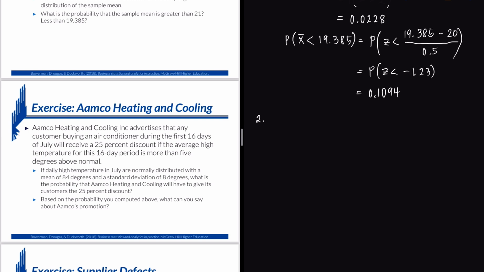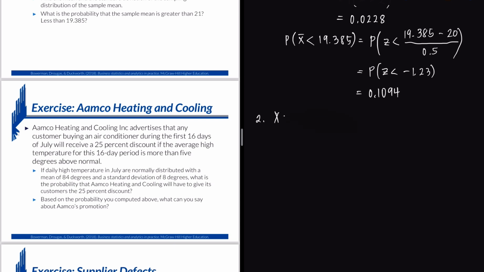If daily high temperatures in July are normally distributed with a mean of 64 degrees and a standard deviation of 8 degrees, what is the probability that Aamco Heating and Cooling will have to give its customers the 25% discount?